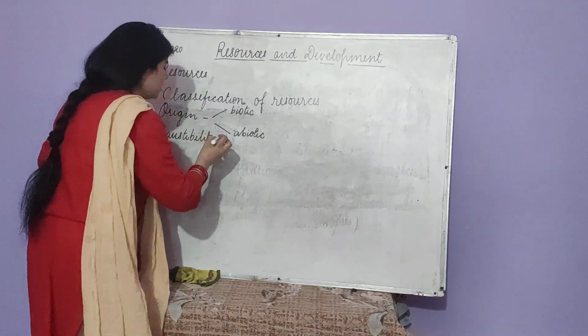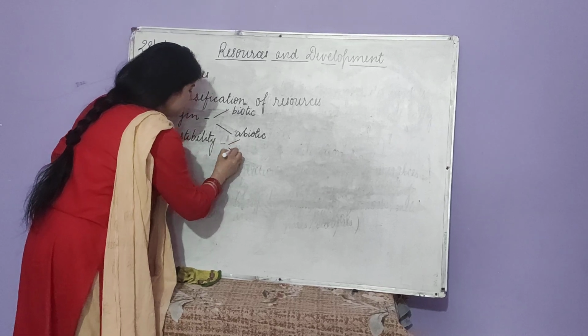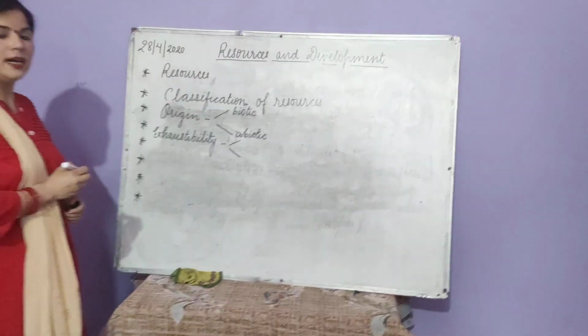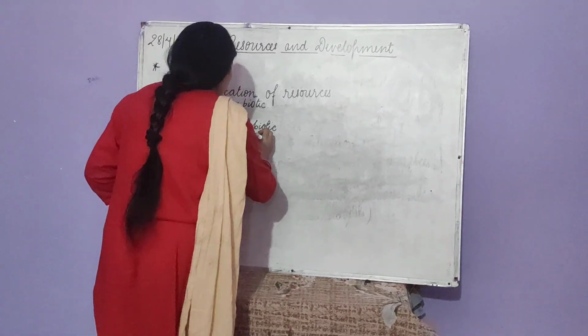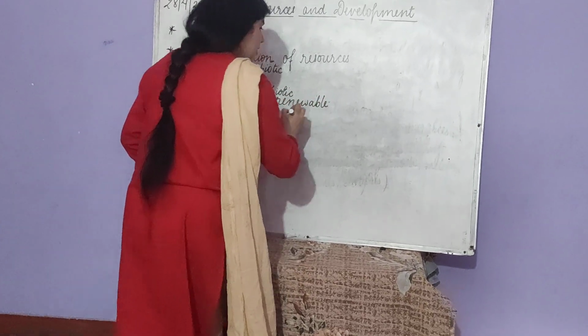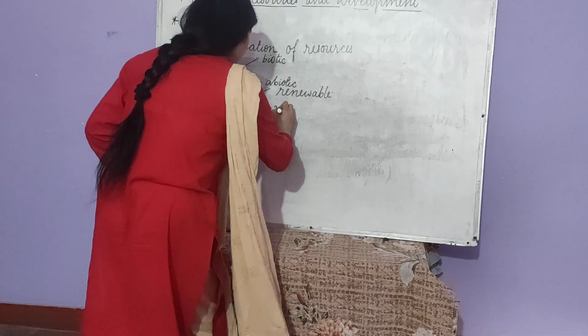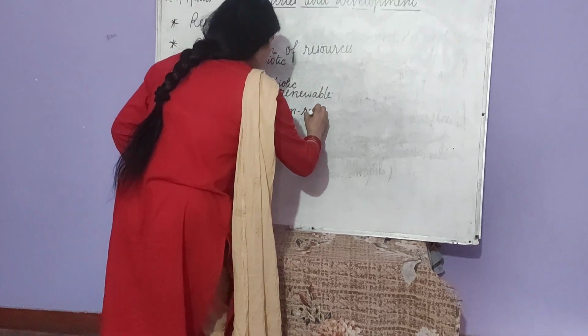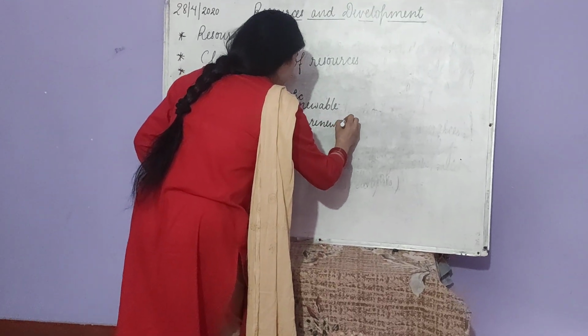Again, on the basis of exhaustibility, we can classify our resources into two ways: renewable and non-renewable.